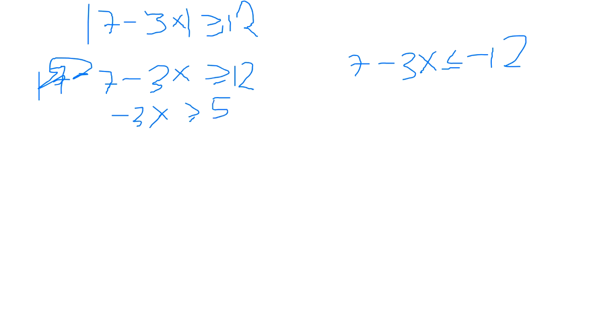Then when I divide by a negative, the sign changes. So x will be less than or equal to negative 5 over 3. Good. Then here I will get minus 3x less than or equal to negative 19.